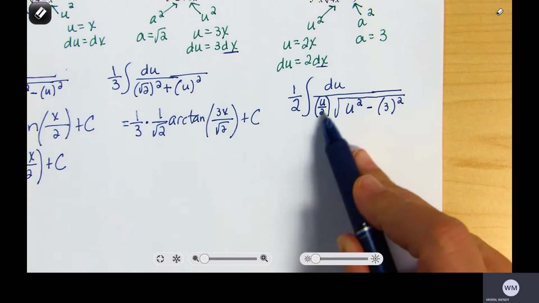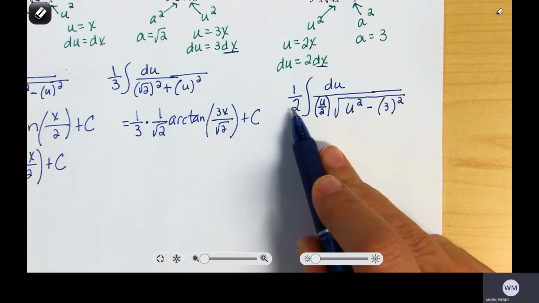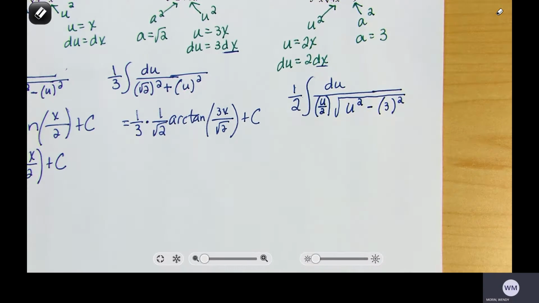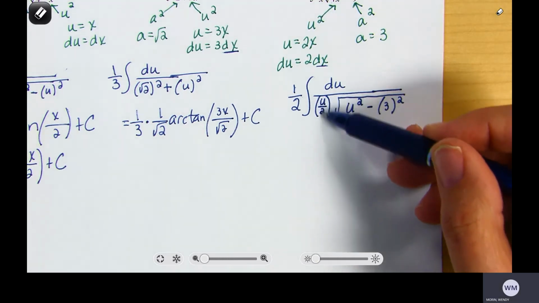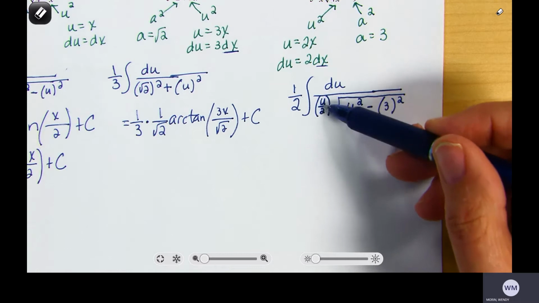But we've got this little 2 right here. How do I pull that out here? Think about that. Well, this is technically 1/2 in the denominator.